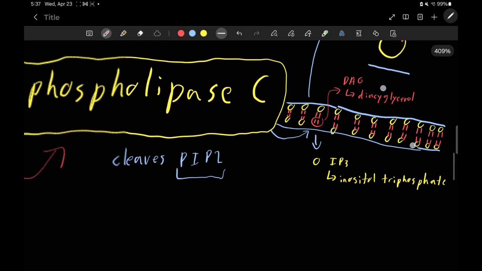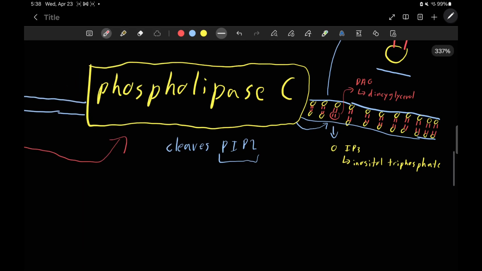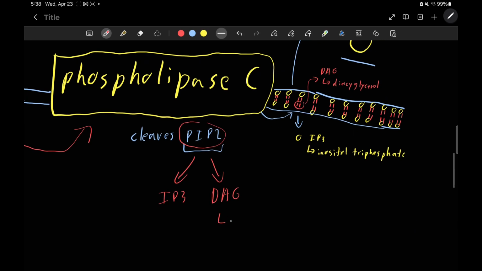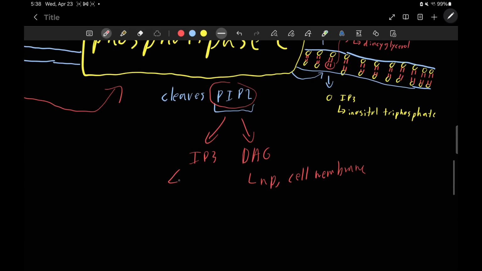So basically what your phospholipase C does is it cleaves your PIP2. It splits it into IP3 and DAG. And your DAG does not like water, so it's nonpolar, and it stays in the cell membrane. Whereas your IP3 is hydrophilic, so it's polar, it likes water, and it goes into the cytoplasm.